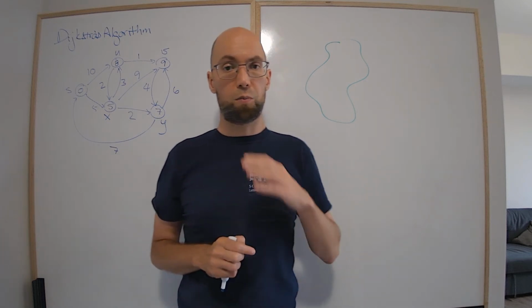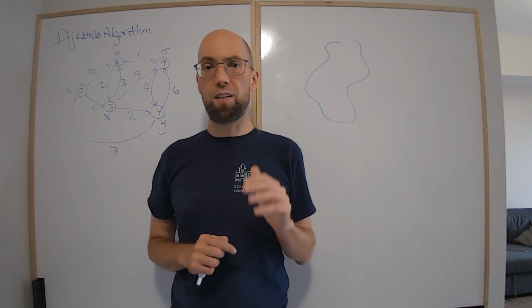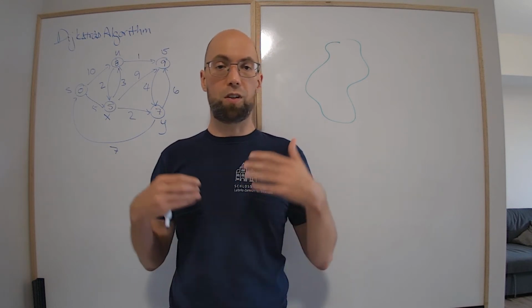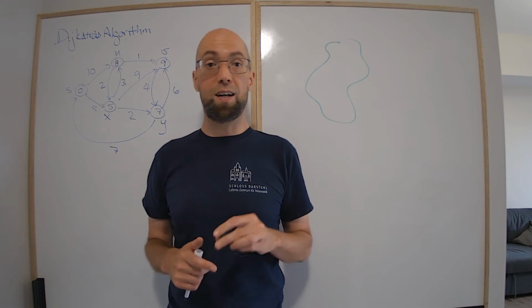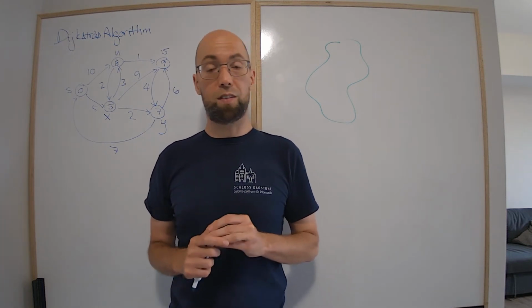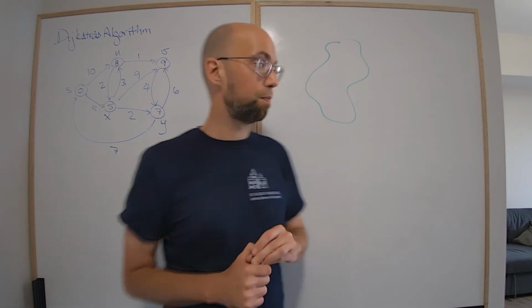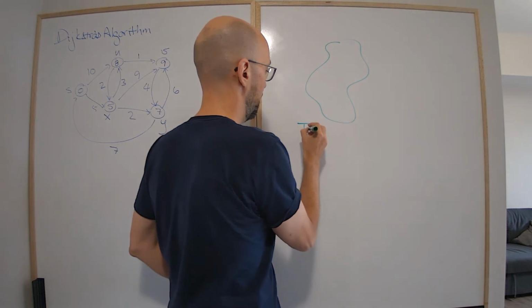So before we take any steps, our empty subsolution can be extended to an optimal solution. Suppose that after we take I steps, our subsolution can be extended to an optimal solution. So this is going to be some tree T sub I.